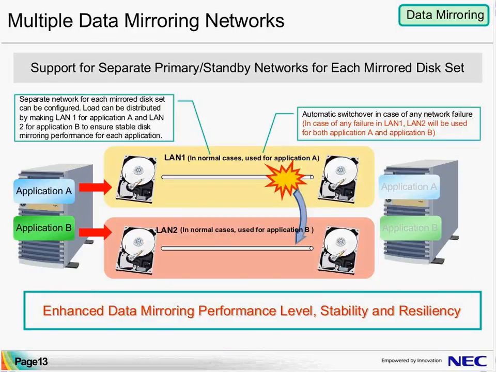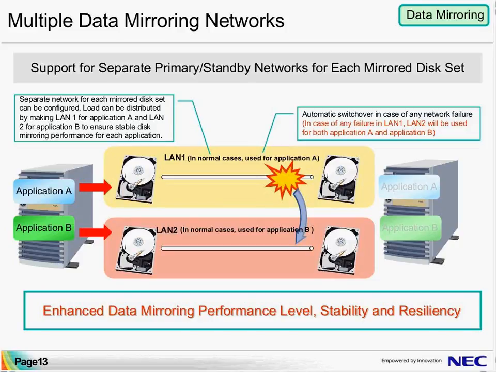Second major enhancement for data mirroring is the addition of support for multiple data mirroring networks. In previous editions, ExpressCluster is able to mirror data across a single network link between the primary server and the secondary server.